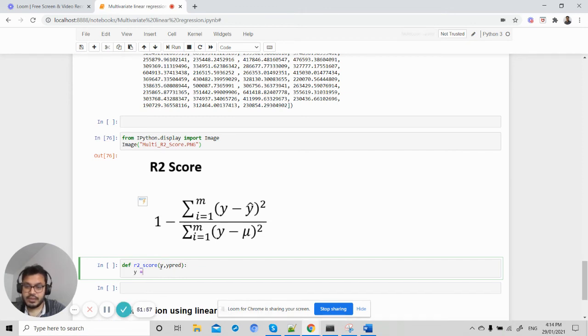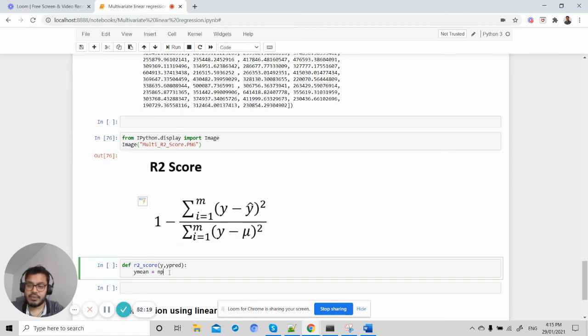So y will be my y mean. We need to calculate mean. So this is my y minus predicted whole square. Then we will need to take the sum, and similarly likewise we need to calculate y minus mean whole square, and we need to take sum.